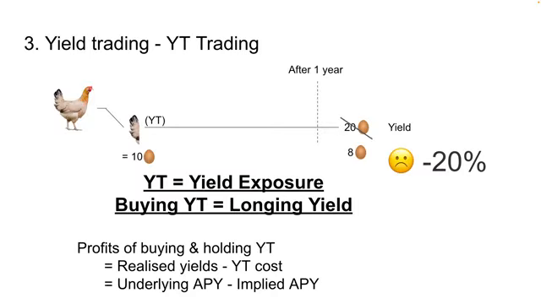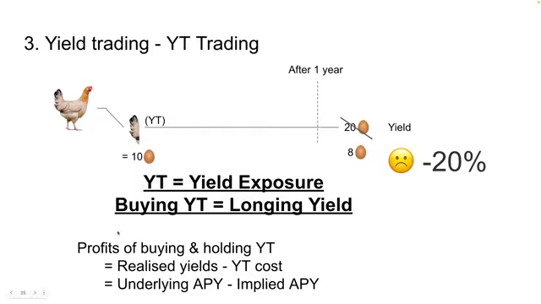But you are basically exposed to the amount of eggs that chicken is producing. The second point is that buying YT is basically longing yields. You are betting that yields will go up. You are betting that the rates of producing eggs will increase. The more the eggs are being produced, the more profit you will get, right, in the end. So yeah, buying YT is longing yields.